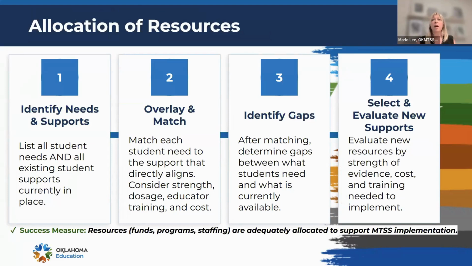So first, you want to identify needs and supports. For instance, list all student needs and all existing student supports currently in place. For instance, you could go through and do, like I mentioned earlier, a curriculum audit. What curriculum do you have in place? How many different pieces of intervention, maybe online tools, do you have?